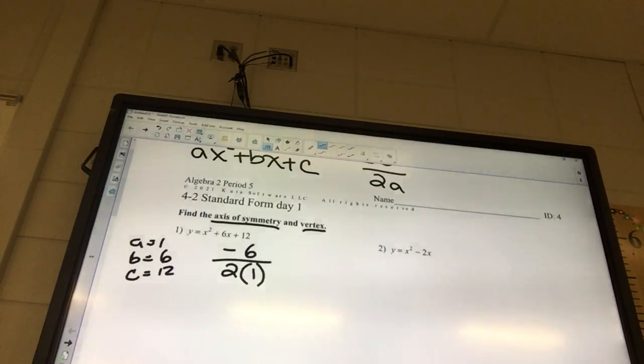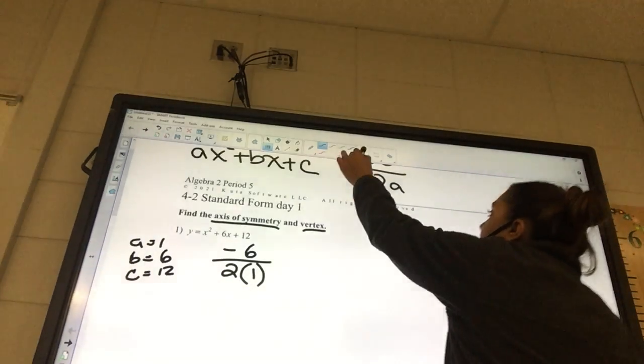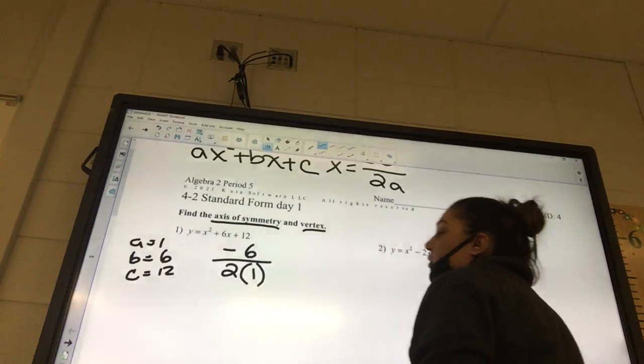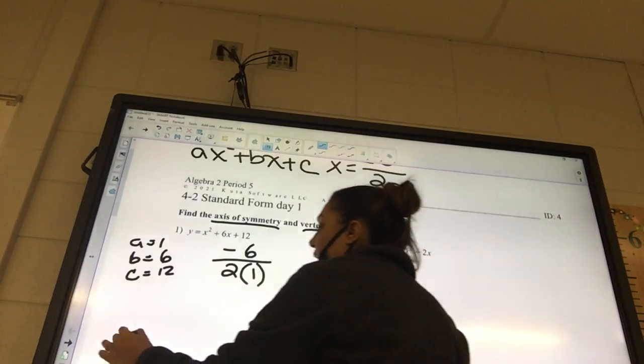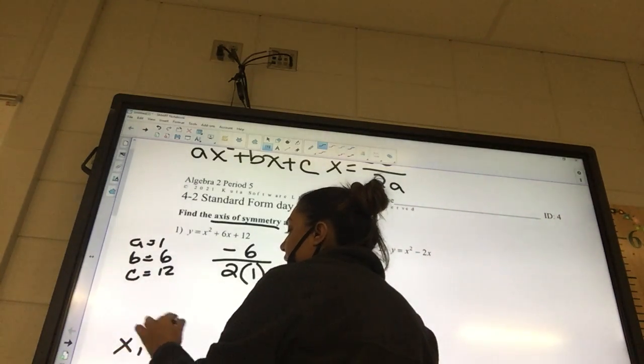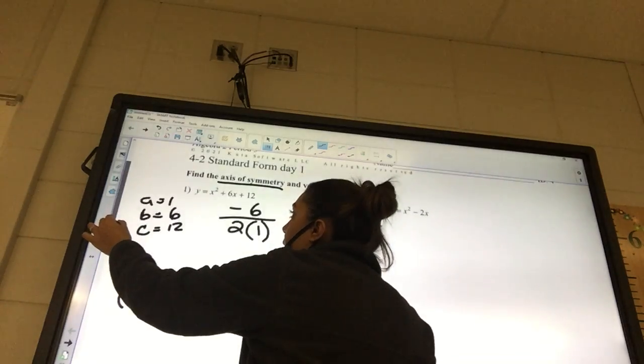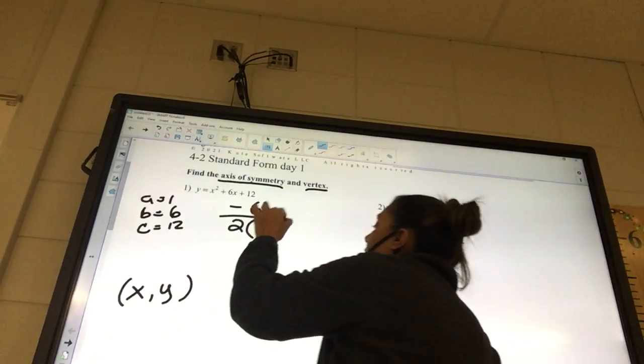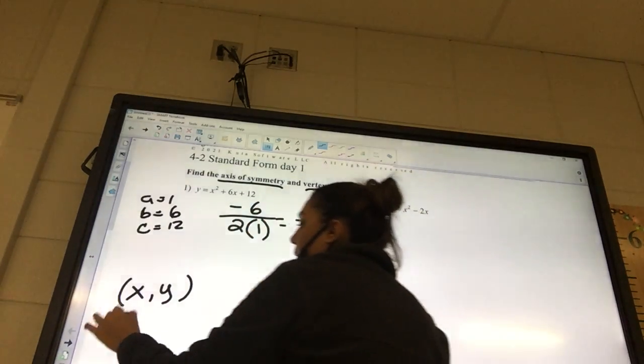It's not negative 6 over 2. Negative 3. Okay, and so what we figured out from this, because this actually is equal to x. So the first part of the vertex, okay, we always do our vertex like this, x comma y. The first part of the vertex is negative 3.